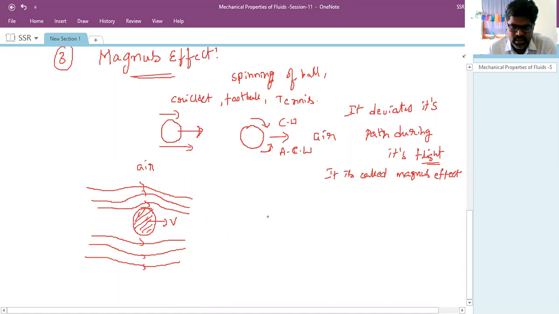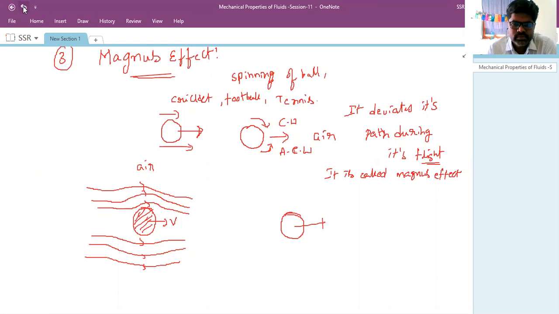The next case, you can draw. This is the next diagram. This is the ball. Again, it is moving with the speed v horizontally, and now it is spinning also.